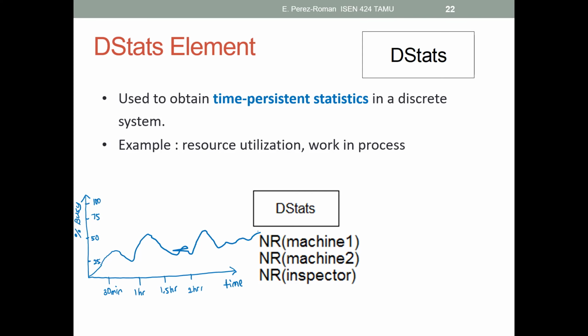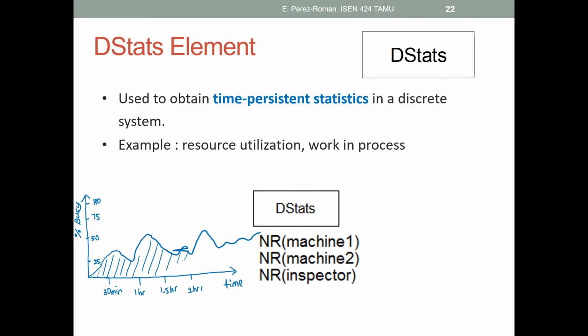So what we call these time statistics, they are time persistent. I don't remember exactly 100% the math behind it, but the intuition is that you're looking at the area under the curve to determine that time average that you are busy, in this case, during the simulation run, right?